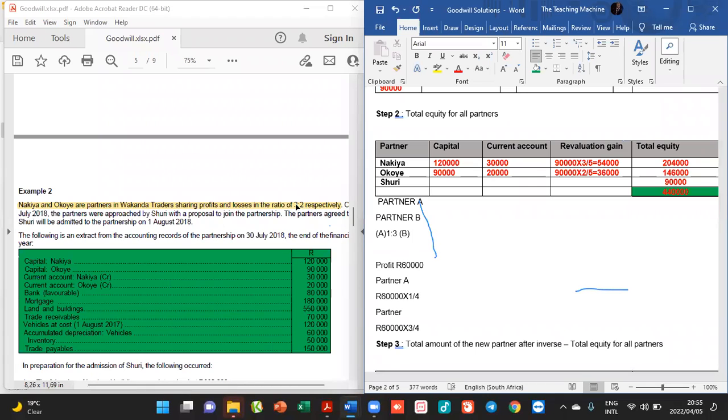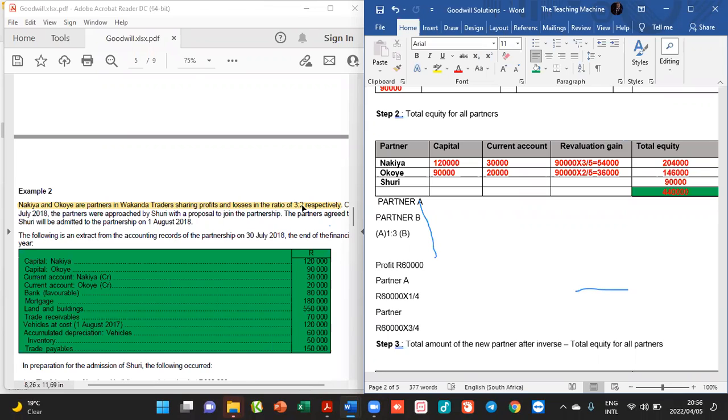The first partner mentioned gets the first variable and the second gets the second. Nakia was mentioned first, and the information says respectively, so Nakia gets 3, and Okoye gets 2.